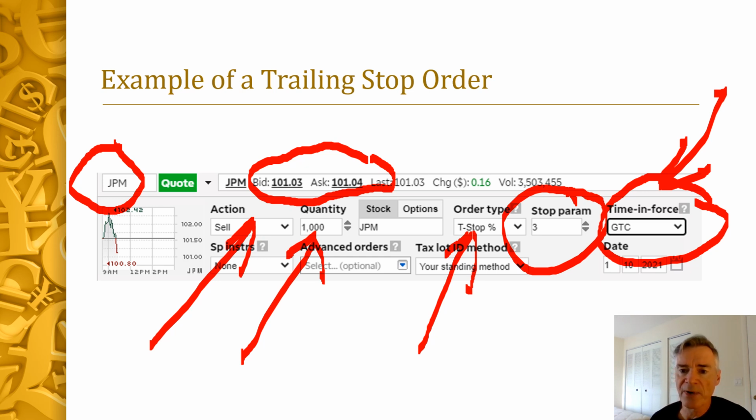So JP Morgan crashed along with all the other stocks in March. From $130 per share, it lost $13 in value, taking it down to $117 per share based on my trailing stop of 10%. As soon as JP Morgan went from $130 to $117 per share, my trade executed at $117.